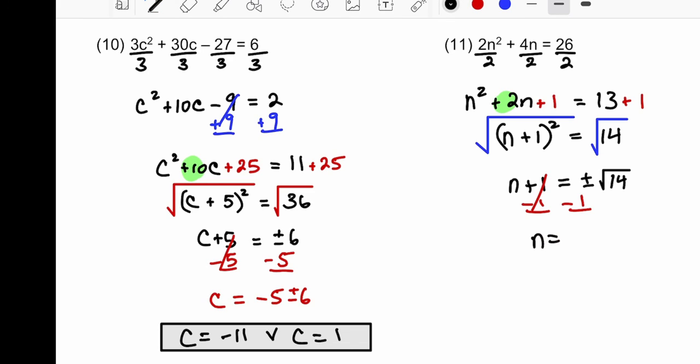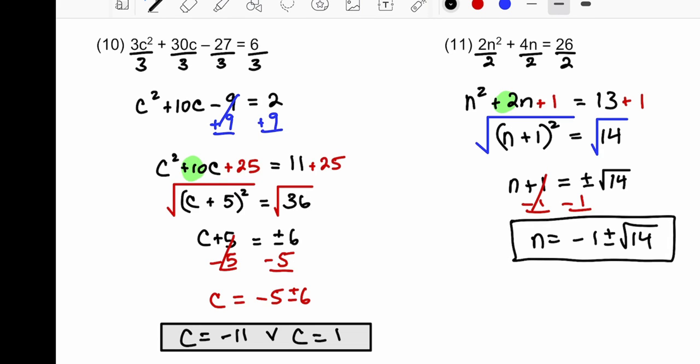N would be equal to negative 1 plus or minus rad 14. All right. Rad 14 is not something that can be simplified, so this would be our final answer. Just in terms of the amount of writing that I had to do for this problem compared to number 10, it's even less. So it should be pretty apparent that when you get a radical that can't be simplified, that's like the best case scenario when you're dealing with completing the square.